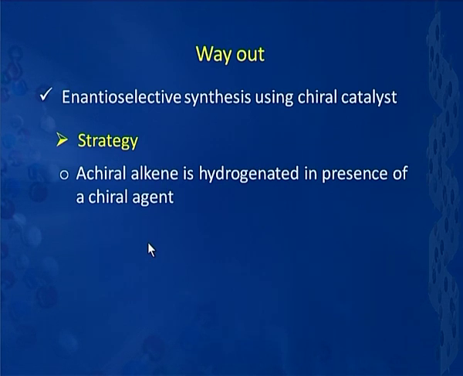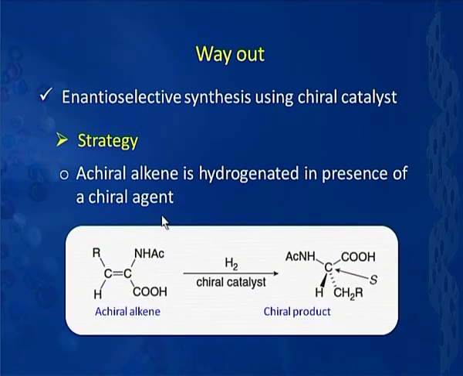The strategy in this method is that I start with an achiral alkene and do its hydrogenation in presence of a chiral agent. The reaction is as follows. This is my achiral alkene. I do hydrogenation and I use a chiral catalyst along. When I do that, the product I get as a consequence is of a specific configuration. So, I will be getting an S product which I desire.